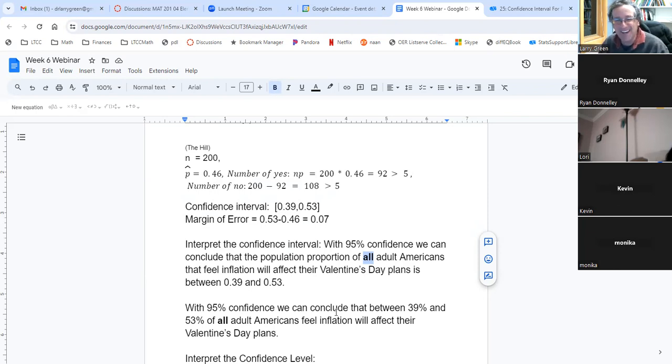It's not hard. It's 3 letters to type, so do it. Got it? So make sure that you emphasize, by the way, that's this week, next week, and the week after, it's all going to be about the population. Notice population. Do not talk about the sample proportion. You're talking about the population proportion. Got it?